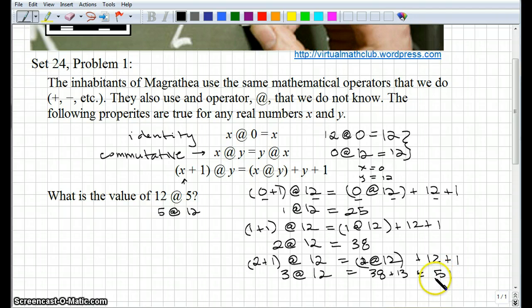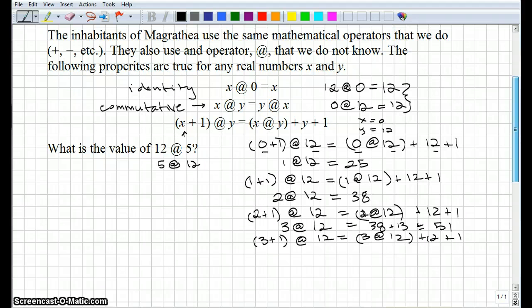So, let's do that again. Because then we'll get 3 plus 1 at 12 is equal to 3 at 12, plus 12 plus 1, right? So, now we know 3 at 12 is 51.